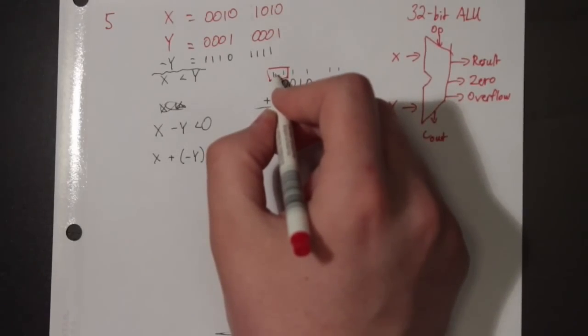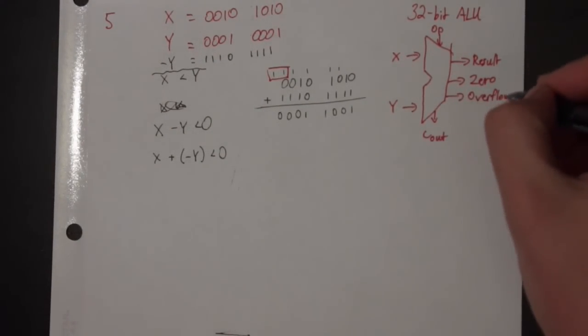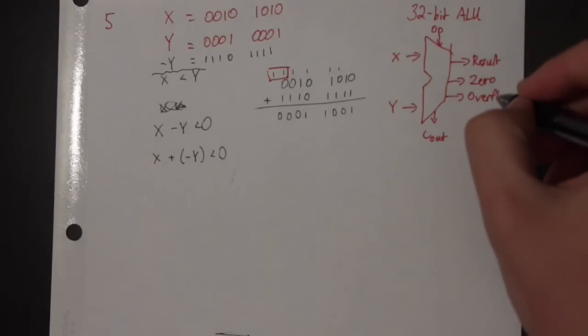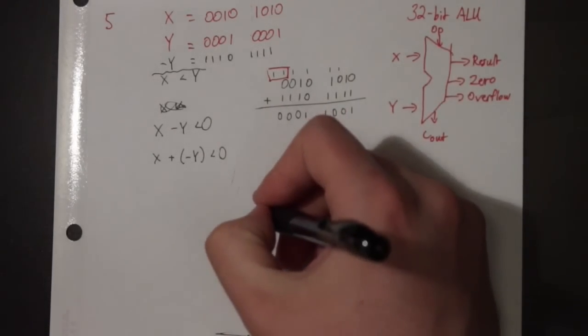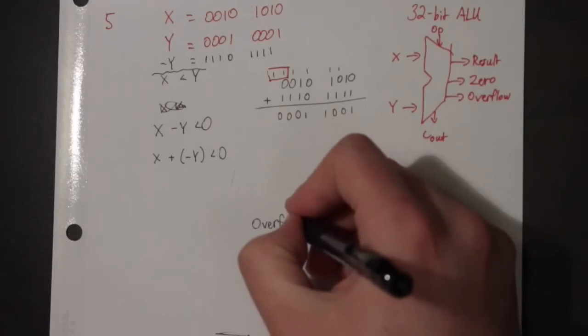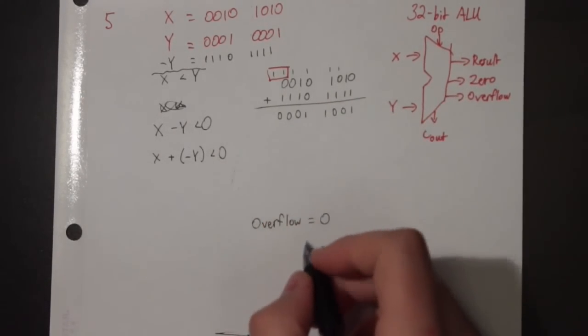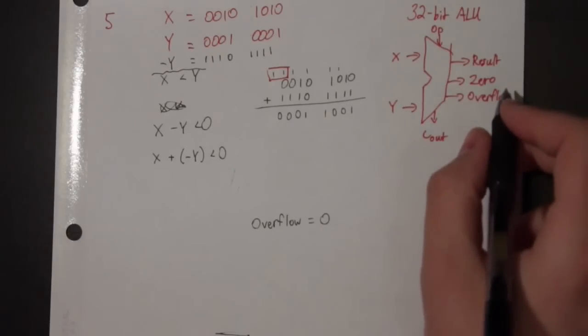We know that our carry out was 1, and two of our values that we had to specify were overflow and carry out. Right off the bat, I'm going to leave some room to write other values here. We can say that overflow is false, our answer is correct, and we know that carry out was 1.